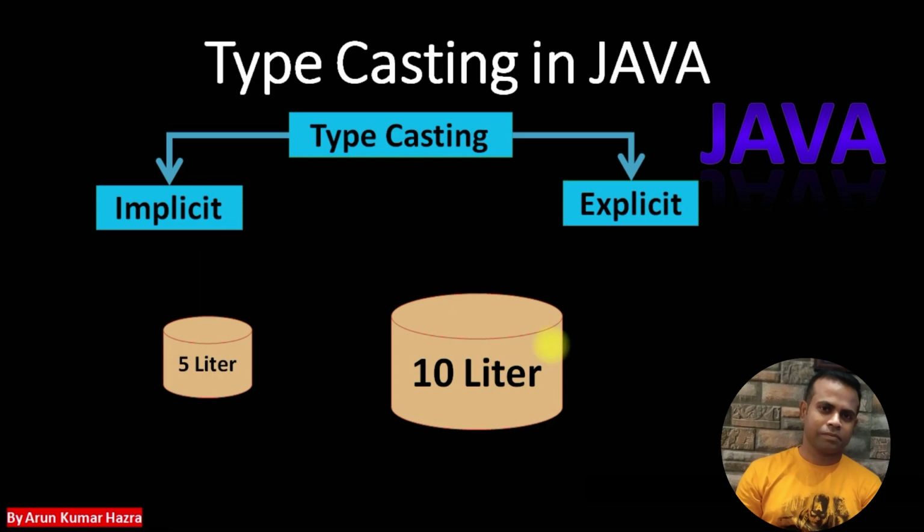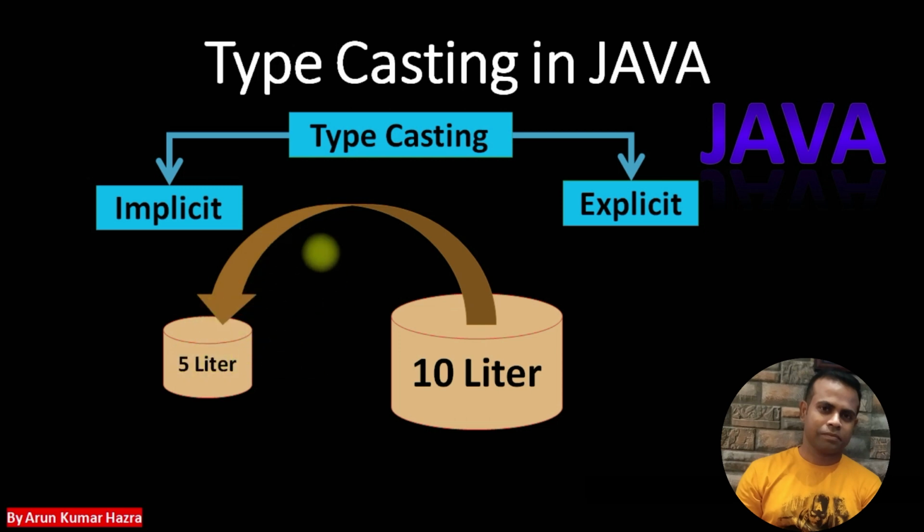Now let's take the reverse example. Let's say we want to shift milk from the 10-liter container to the 5-liter container. There will be a big issue, right? Because if we put the 10-liter container's milk in a 5-liter container, there is a possibility of data loss. Similarly, long and double have a higher range than int, right?